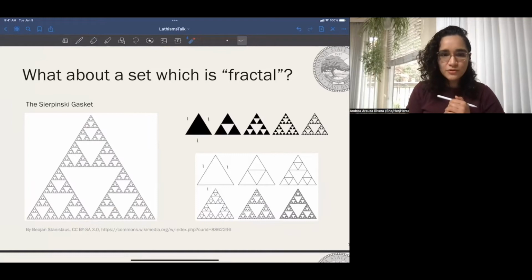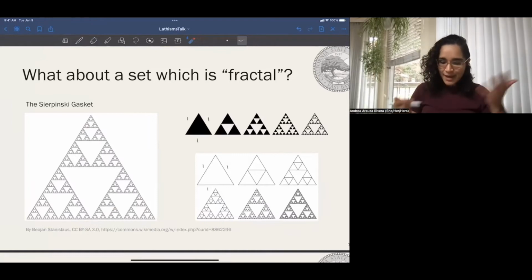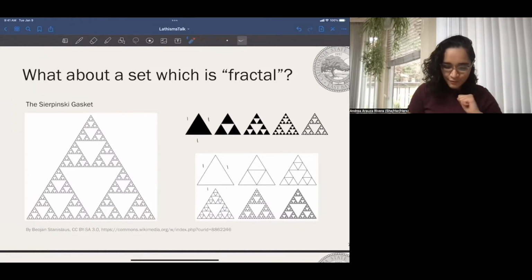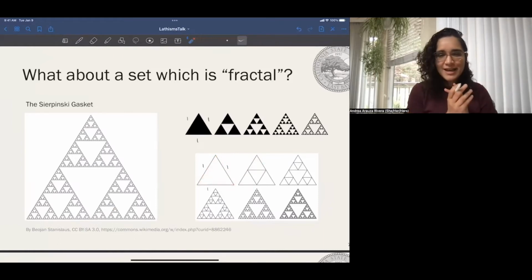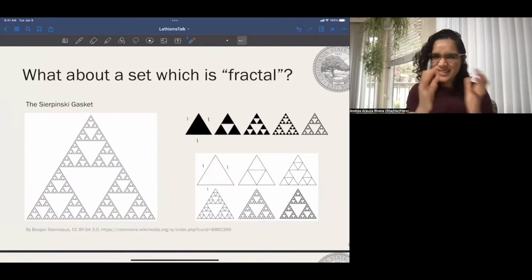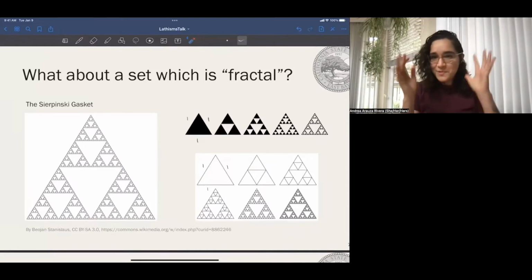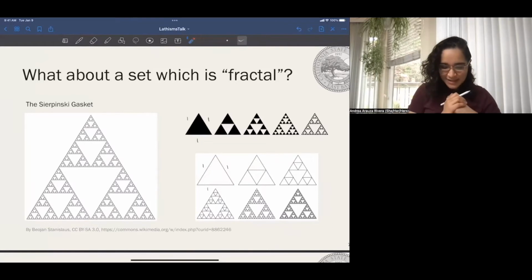So let's jump up to length. When I think of it in this way as these little graphs, maybe I can add up these lengths and maybe, just maybe, we get some finite number, so that it has positive, finite length. We'll do the calculation in a second.